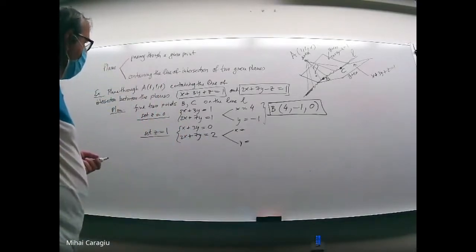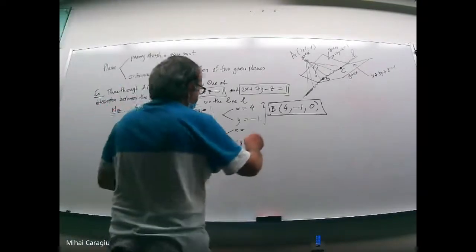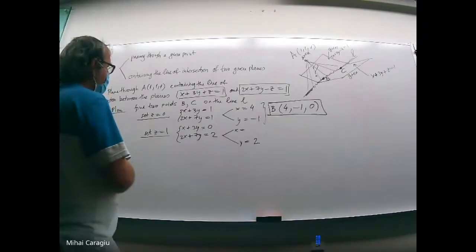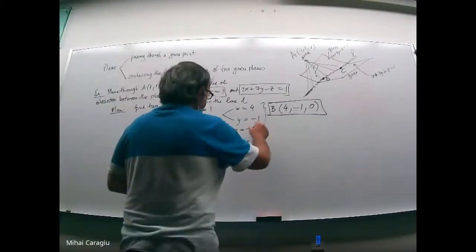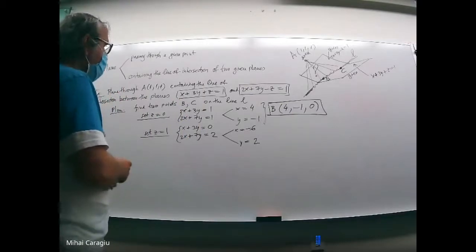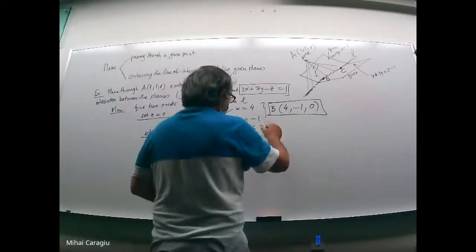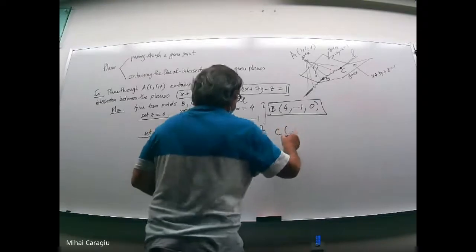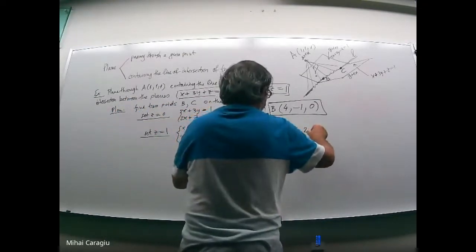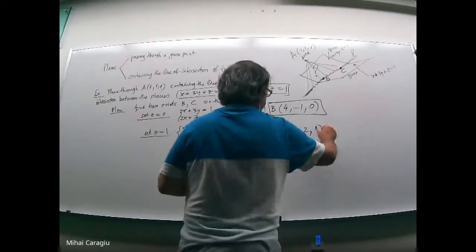Proceeding exactly as before, we get y equals 2 and x equals minus 6. Okay, so the third point is C with coordinates (-6, 2, 1).